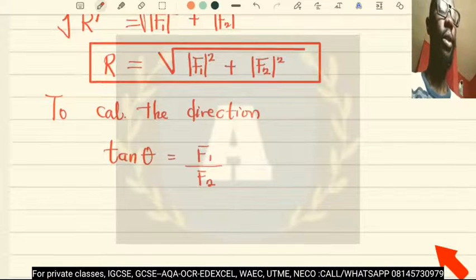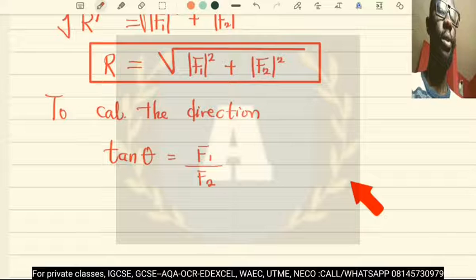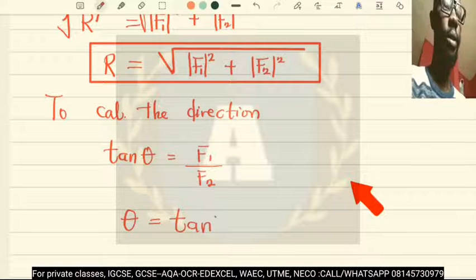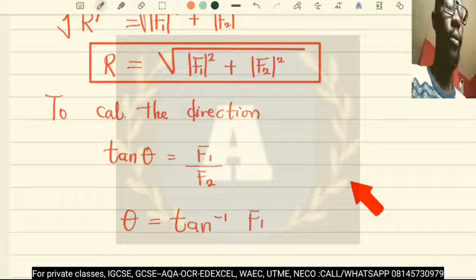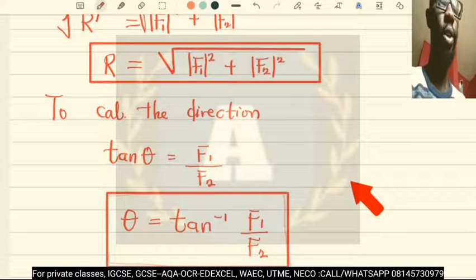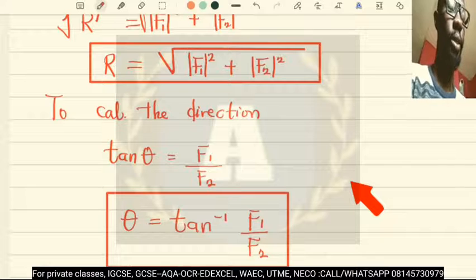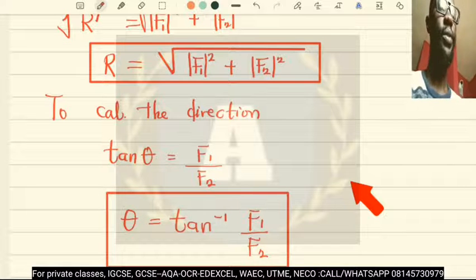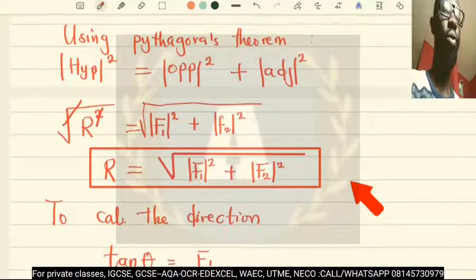So our direction will therefore be equal to arctan, or tan inverse, of F1 divided by F2. So that is a prominent formula we use when it comes to calculating the direction. Okay, so this is very essential. You need to learn it.